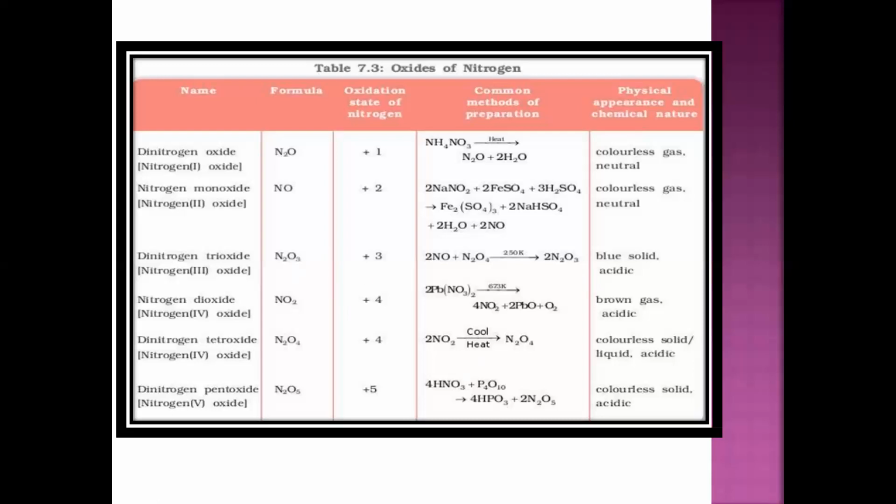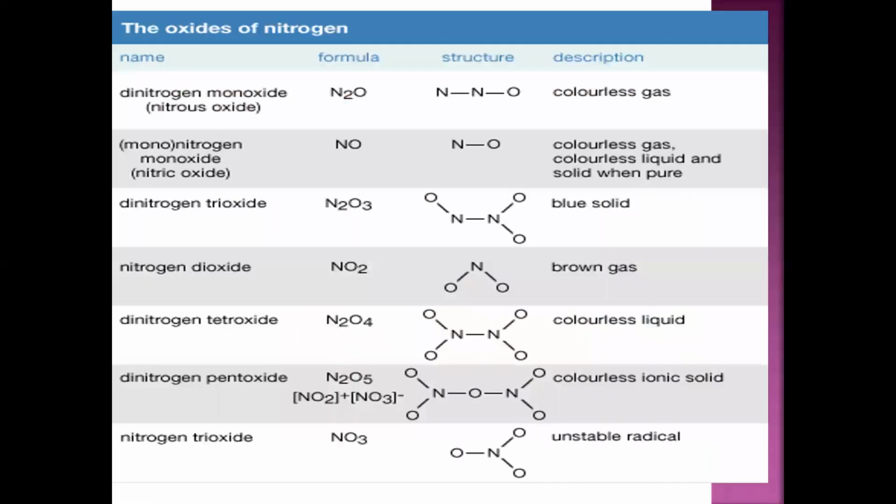It will be +4. They can ask you their physical appearance or their chemical nature. In NO2, oxidation state will be +4, physical appearance will be brown gas, and chemical nature will be acidic.